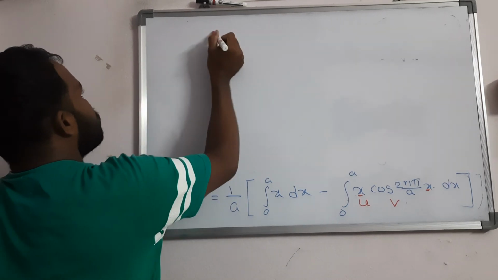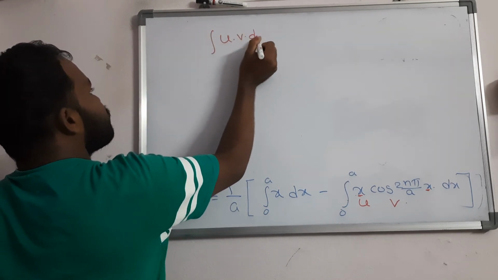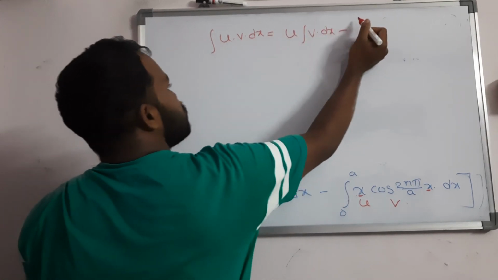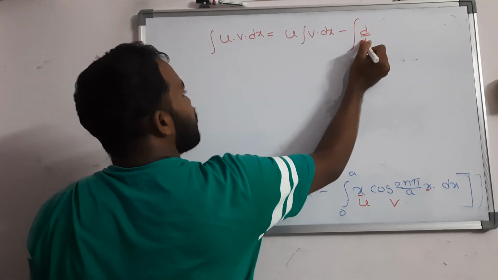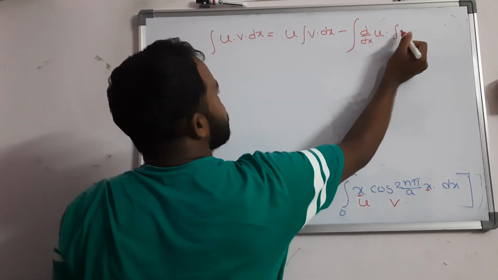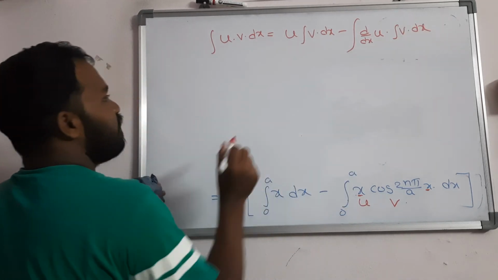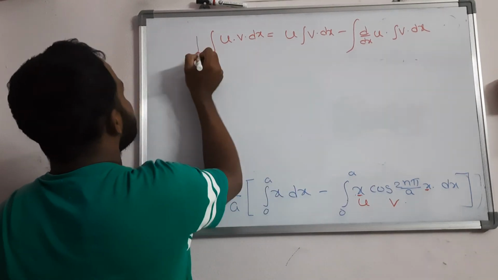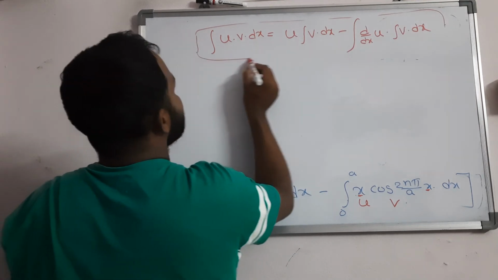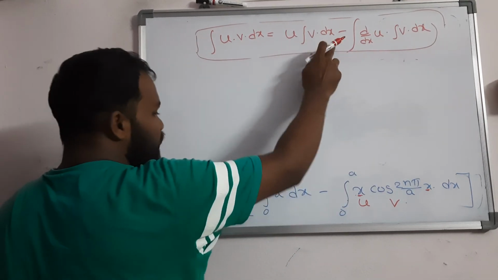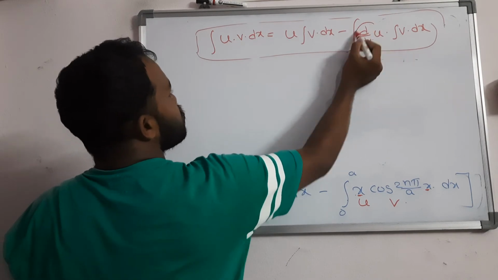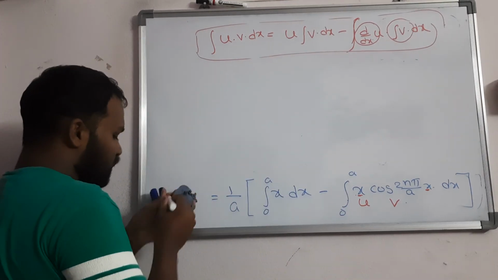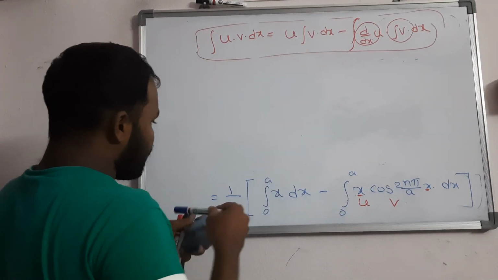You must know this formula: the integration of u into v into dx is u into the integration of v into dx, minus the integration of d by dx of u into the integration of v into dx. Now we will see step by step what you will get.